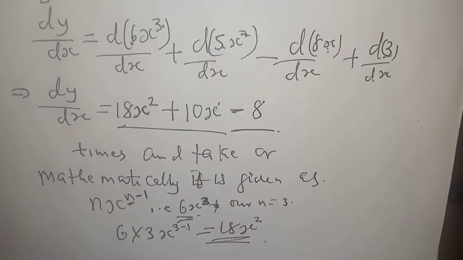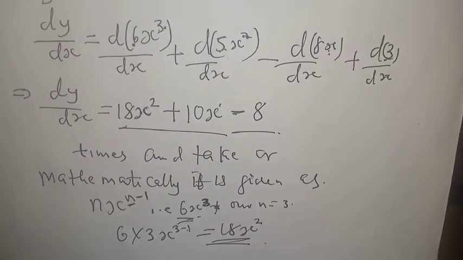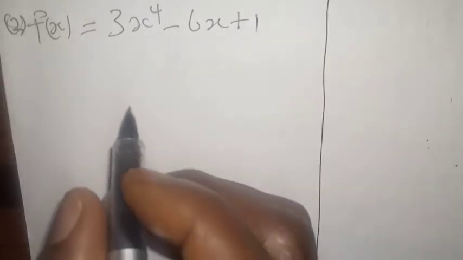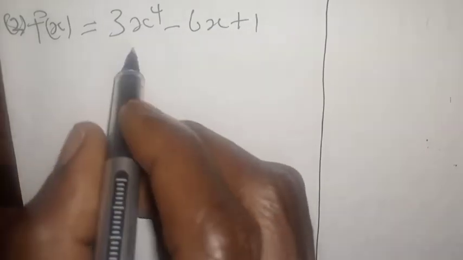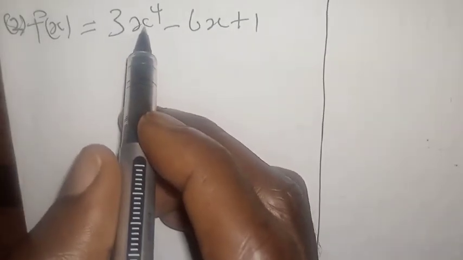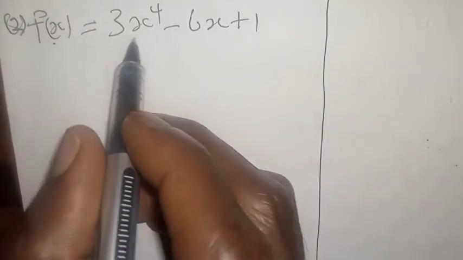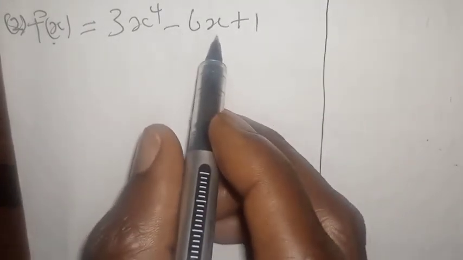Question number 2. We have 3x raised to power 4 minus 6x plus 1. That is f of x is equal to 3x raised to power 4 minus 6x plus 1.